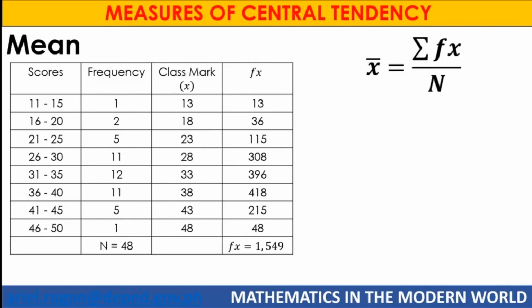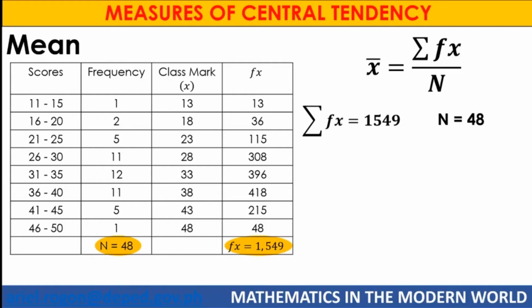So the formula of the mean, we have the mean is equal to the summation of fx over n. So we have here the summation of fx. I have highlighted it in there, wherein summation of fx is equal to 1,549. And also I am going to highlight the summation of the frequency, which is the n there, which is 48.